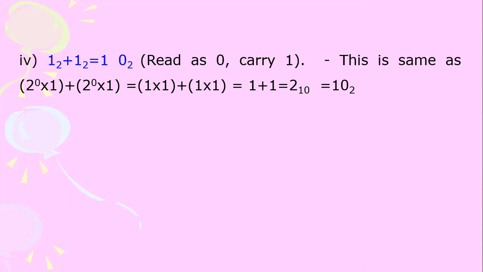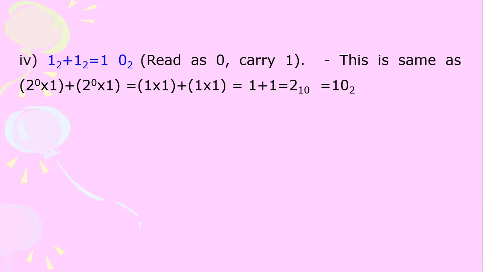This is the same as 2 raised to 0 times 1 plus 2 raised to 0 times 1. This gives us 1 times 1, which is 1, plus 1 times 1 equals 1. So that is equal to 1 plus 1.